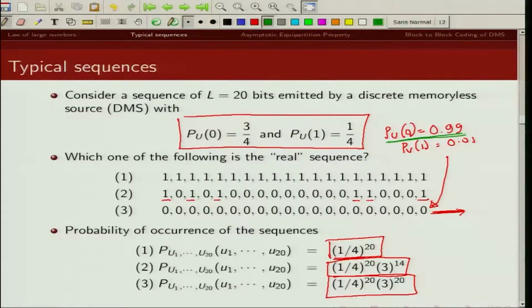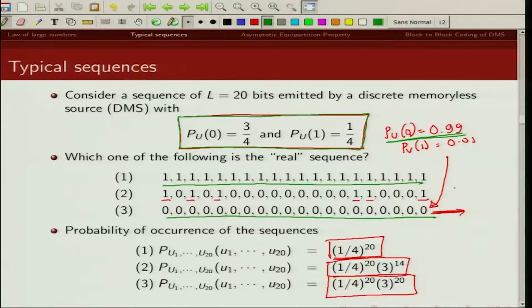But for the source which I have given here, with probability of 0 being 3 by 4 and probability of 1 being 1 by 4, it is unlikely that this particular sequence would have come out from this source. Similarly, an all one sequence is very unlikely to come out of this source.